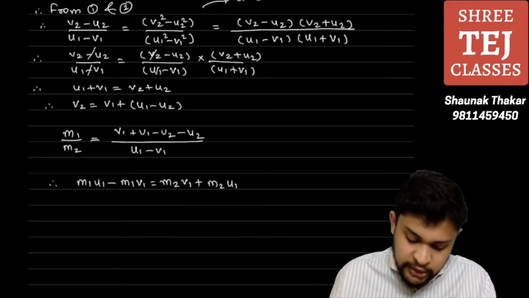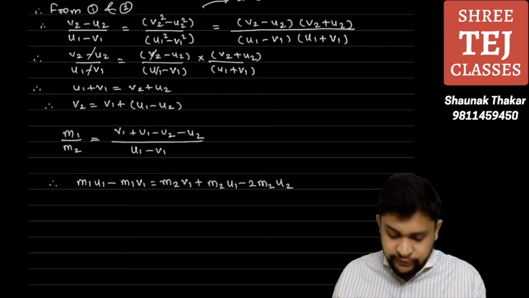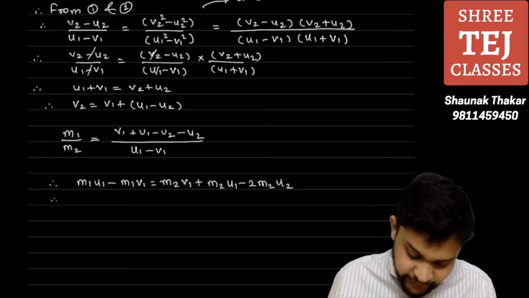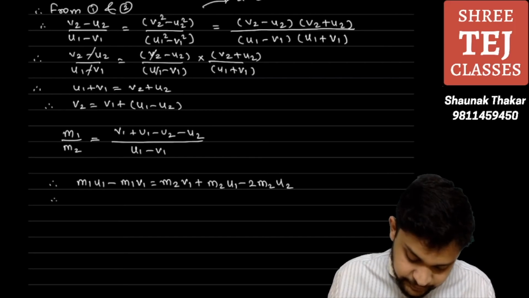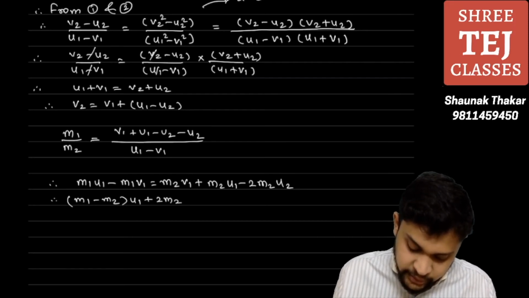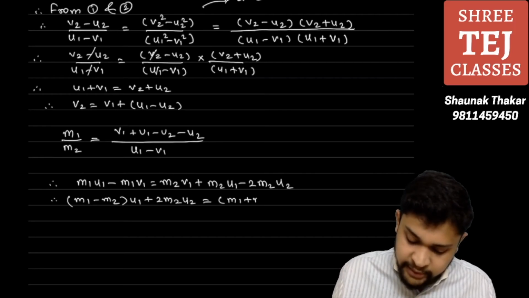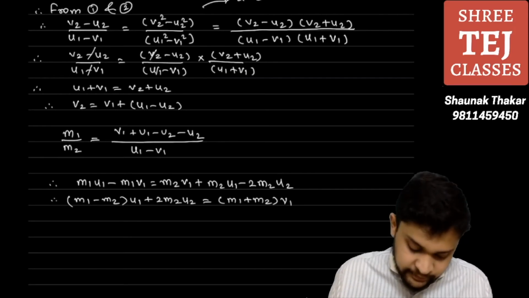Okay, so rearranging, we will bring all the v1 terms to one side. Therefore, we will get (m1 − m2)u1 + 2m2u2 = (m1 + m2)v1.